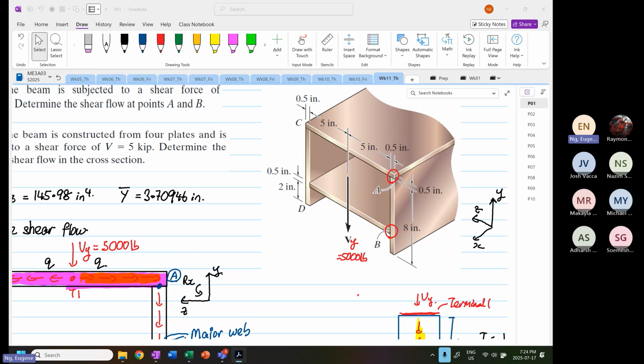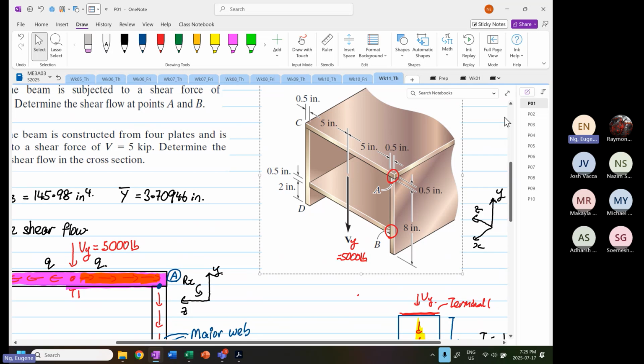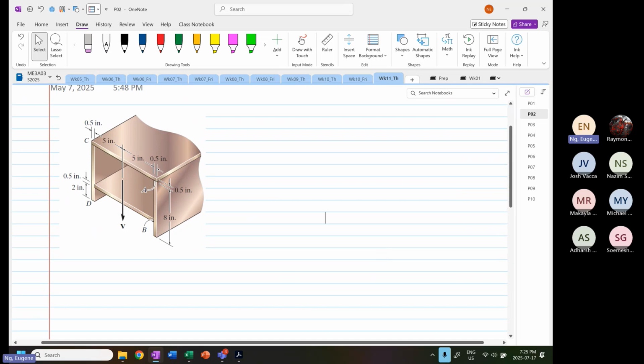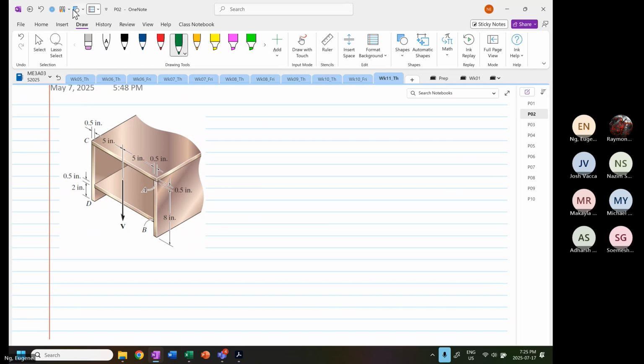Okay, so coming from here now, I'm going to take the whole figure again. So what we know is the geometric centroid, and we are aware it is 3.70946.